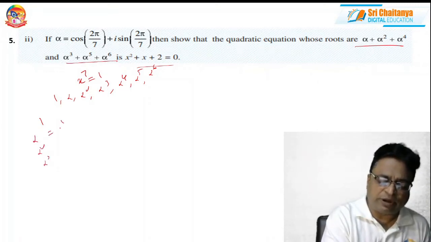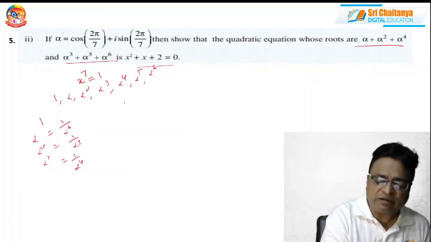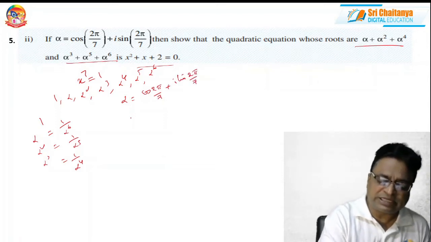Alpha is nothing but 1 by alpha power 6, and this is 1 by alpha power 5, and this is 1 by alpha power 4. You can get it. But what is alpha? Alpha is nothing but cos 2 pi by 7 plus i sin 2 pi by 7. This is my alpha.